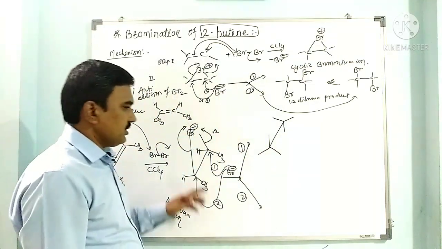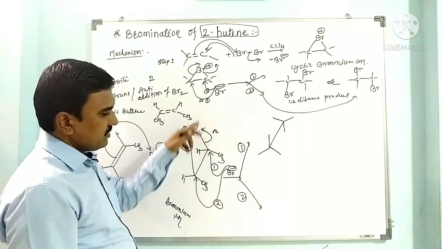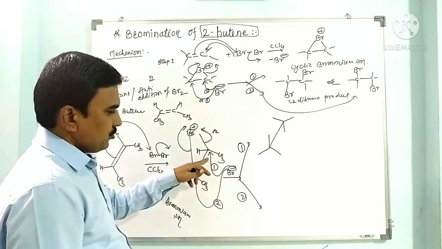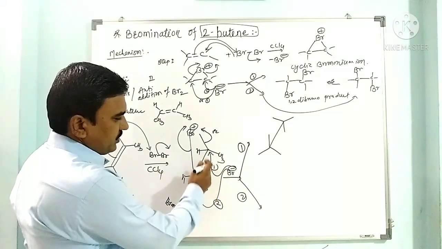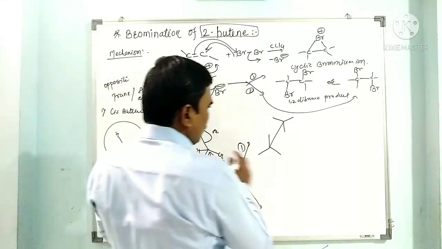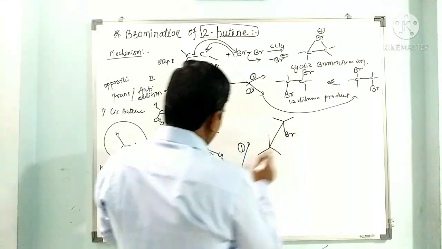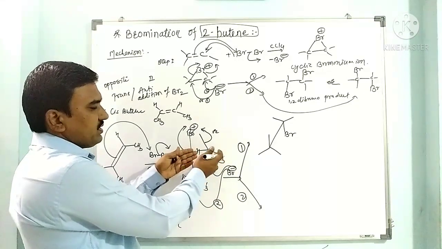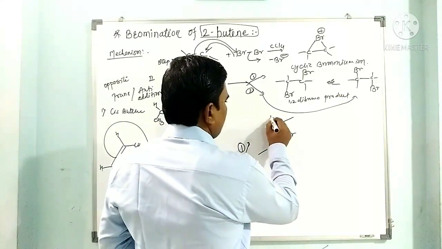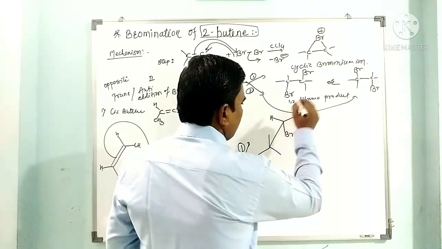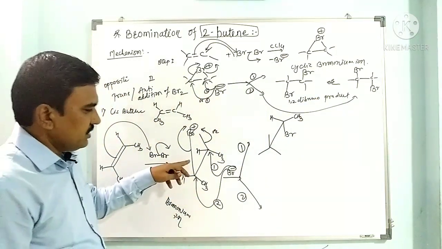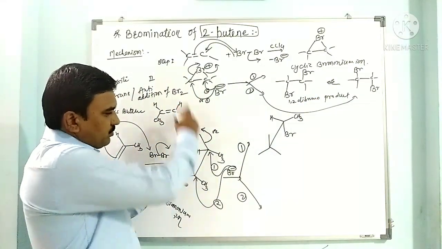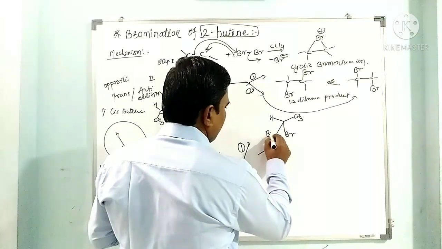this one, Sawhorse projection, where this bromine takes the lower position. So in this one possibility, bromine attaches to this carbon from the lower side. Once this bond gets cleaved, both the H and CH3 bonds go up. So this is H and this is CH3, and when this is cleaved, this bromine takes the top position.